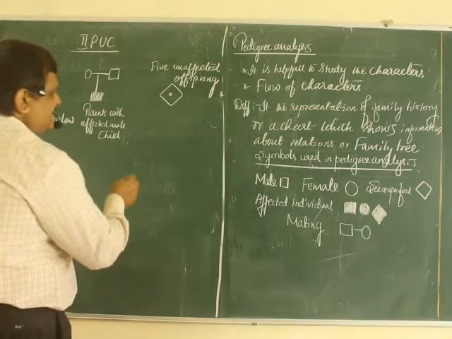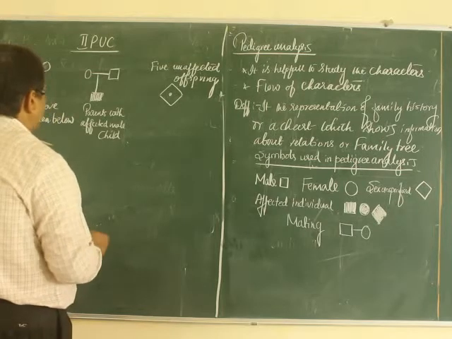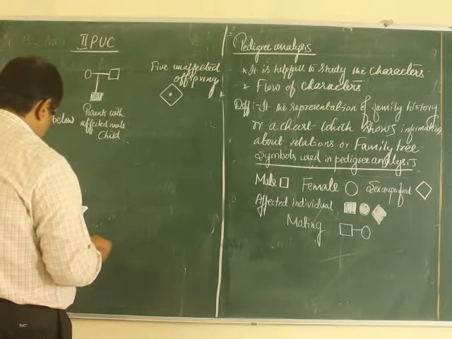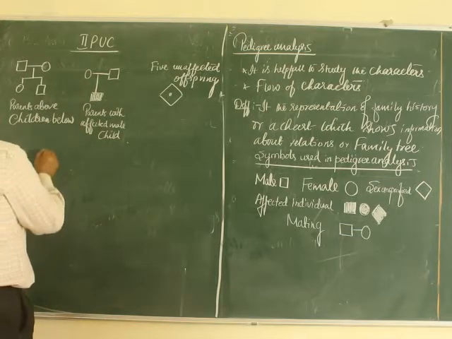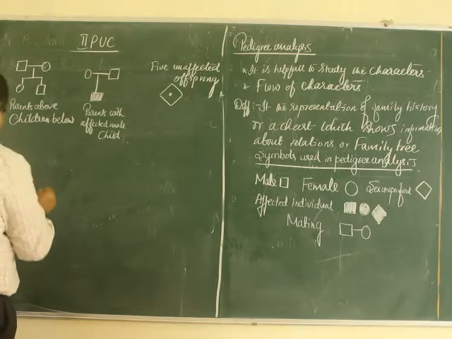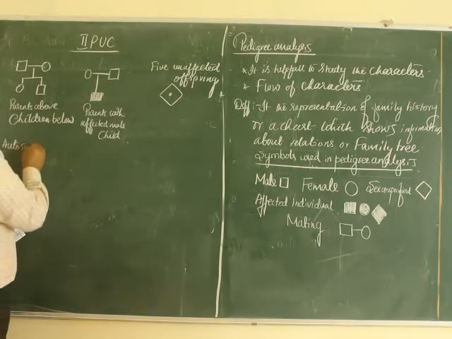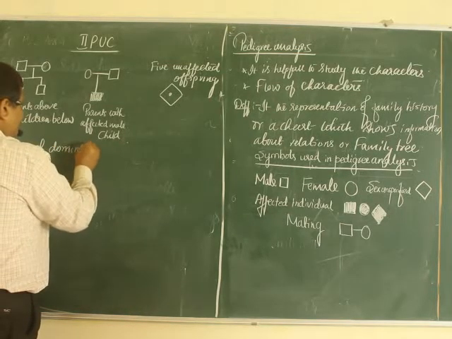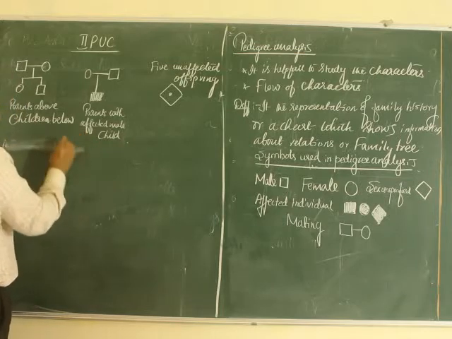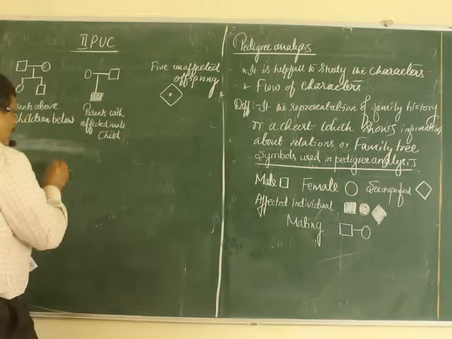So this is the symbol which is used, and I'll write one example. First one, autosomal dominant trait. I'll write randomly. Let us analyze it later, okay?